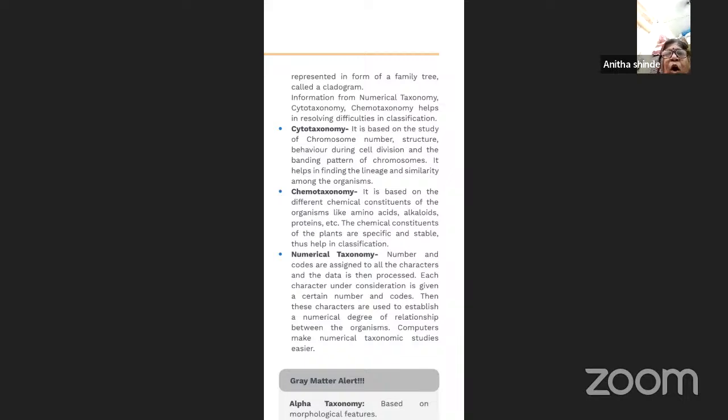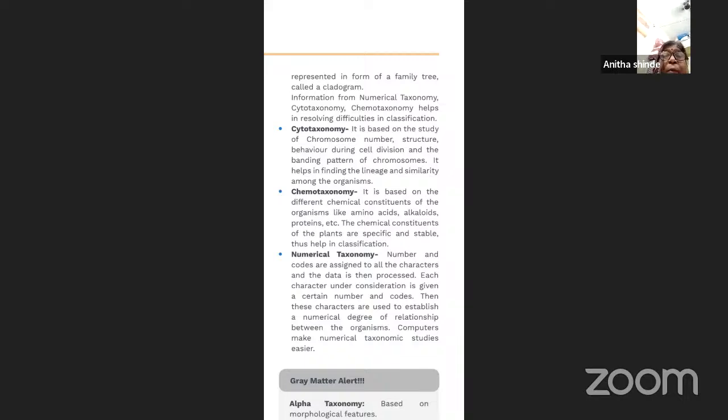But in plants, the chemical constituents are specific to a particular plant and stable. That is why chemotaxonomy helps in the classification of plants more than animals. So this is about chemotaxonomy.